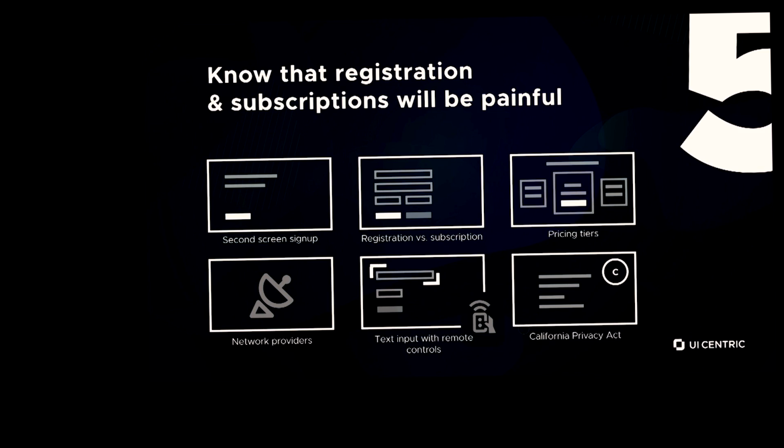In terms of mitigating the risk of all of this stuff, there's a couple of simple things you can do. First of all, don't leave it till the end. Very often we see registration, we'll start thinking about that once we've got the nice glossy UI out of the way. Don't do that. Have it on people's minds right from the very start. If you have legal teams that need to get involved in this, get them involved from day one, because they're going to want to pore over every sentence, every word, every period.